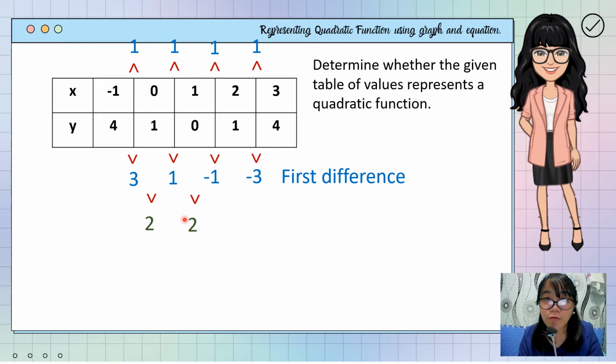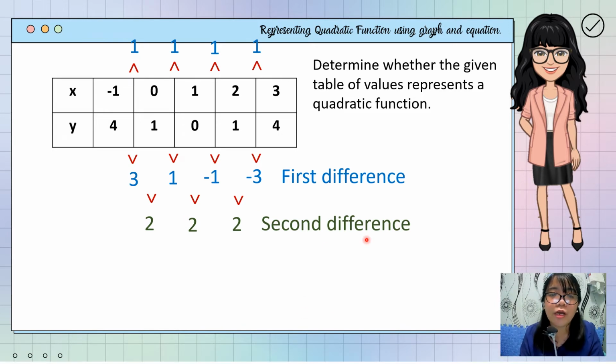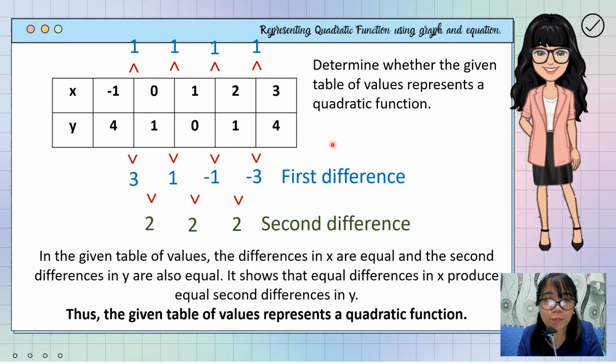And then negative 1 minus negative 3. Minus a negative becomes plus 3. So negative 1 plus 3 is positive 2. So notice that the second differences are equal to each other. If the second differences are equal to each other, then we can say that this table of values represents a quadratic function.